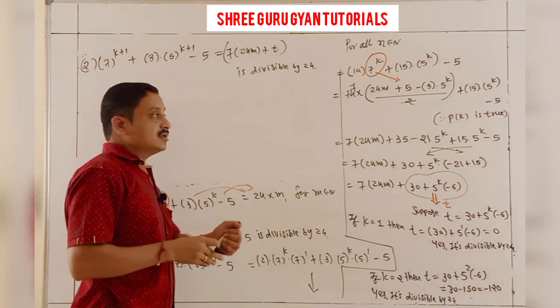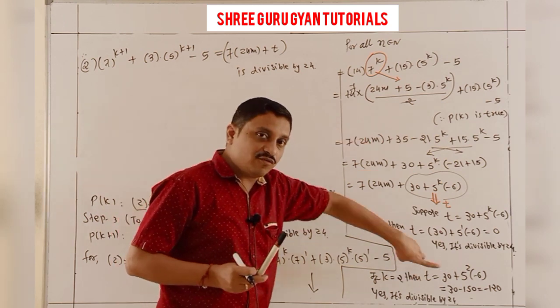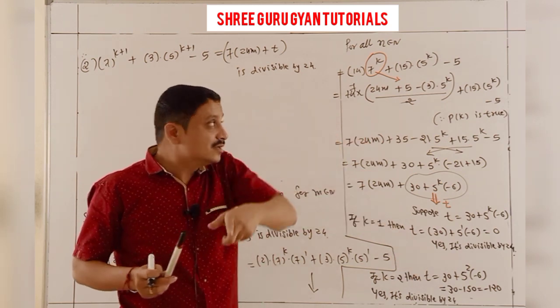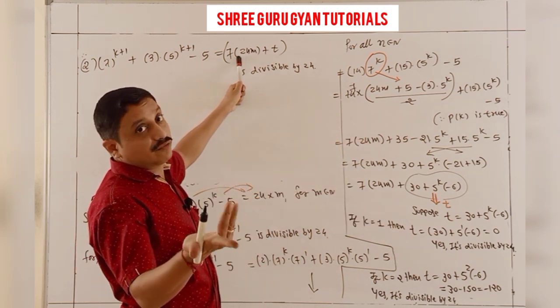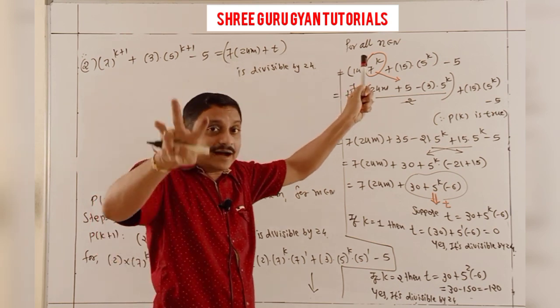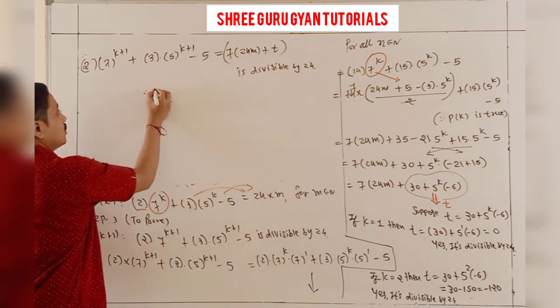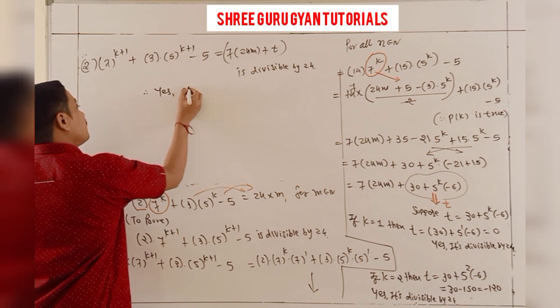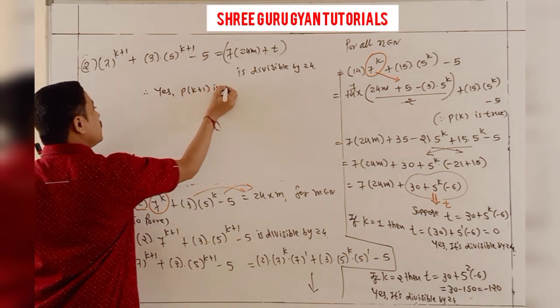Students, why is it written? This T is already divisible by 24 for any natural number, and this also already has 24 common. Indirectly the full data is divisible by 24. So yes, P(k plus 1) is true.